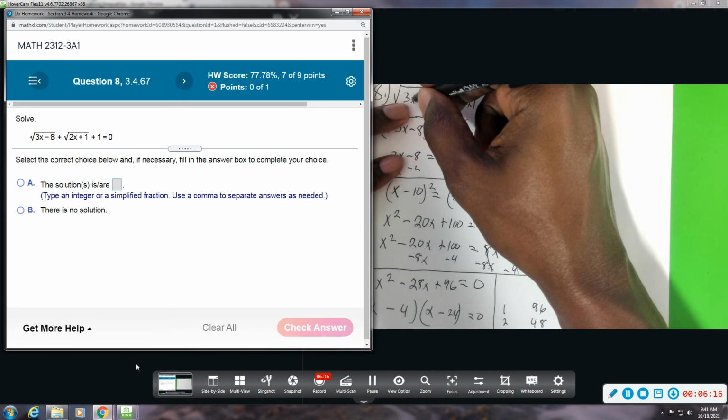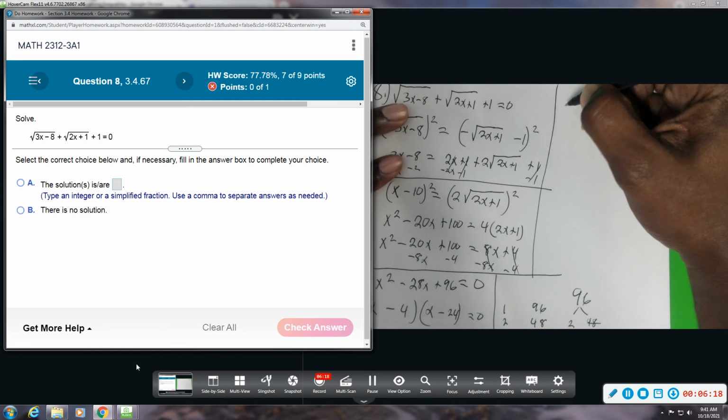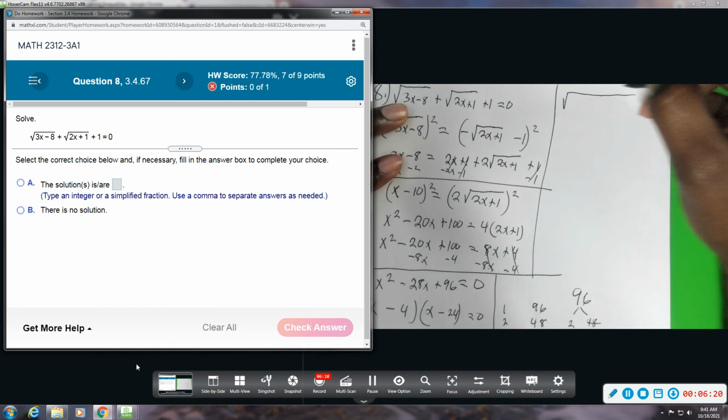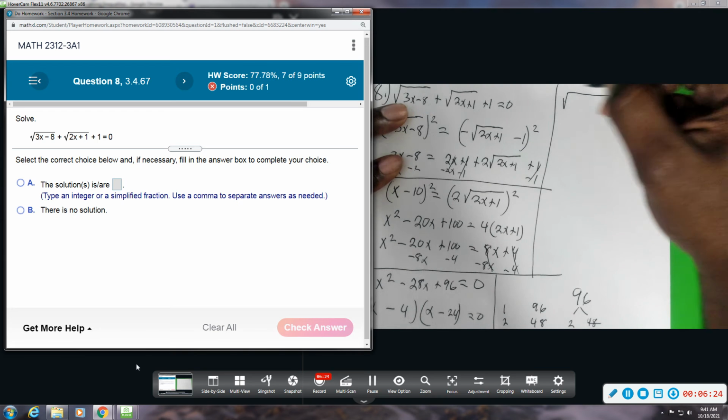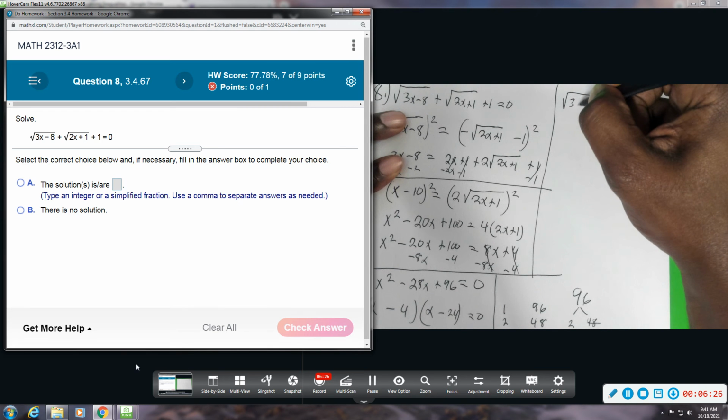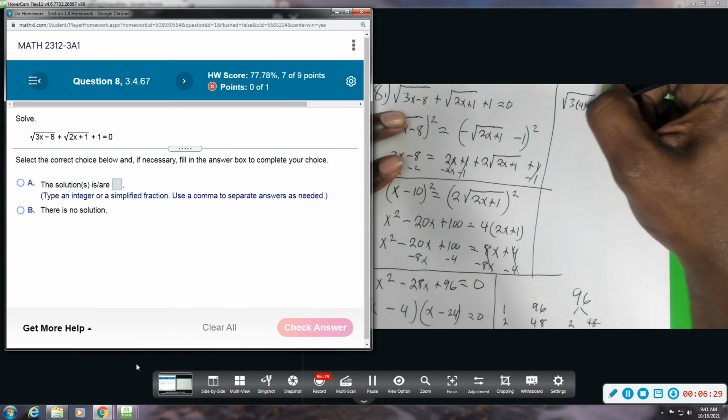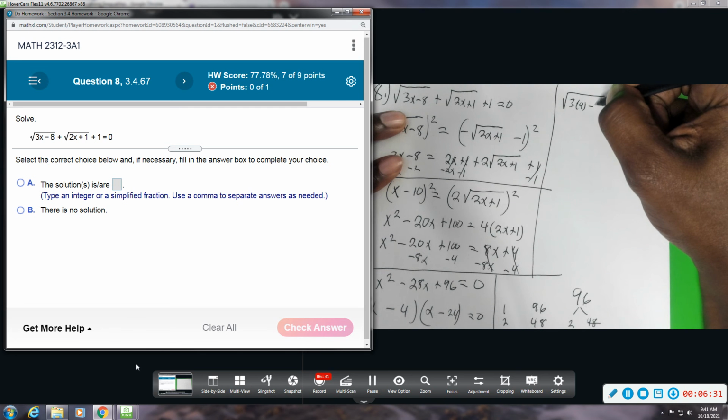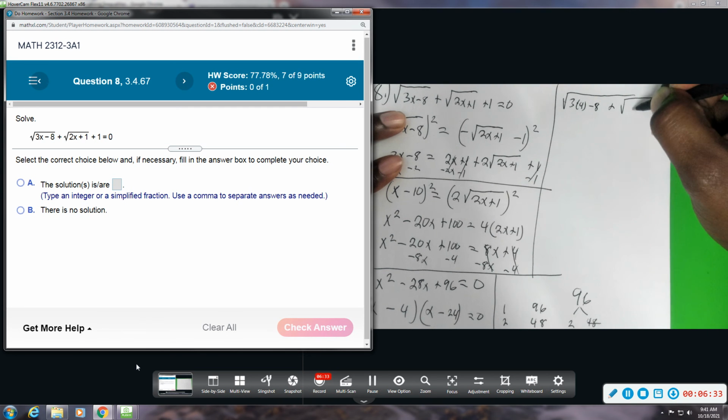Let me just write it all out, and then we'll simplify it. Three times 4 minus 8, and then the plus square root of 2 times 4 plus 1, and then the plus 1 equals 0.